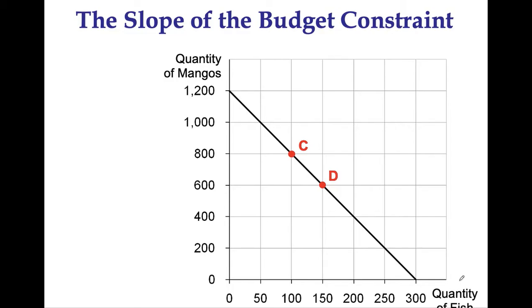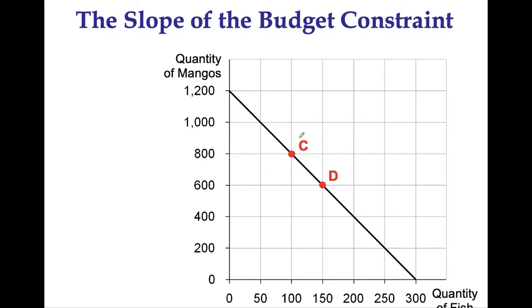So here our consumer is spending his income on mangoes and fish, and his budget constraint is represented by this straight line, where there are two combinations. The first combination we call C, and the second combination we call D.